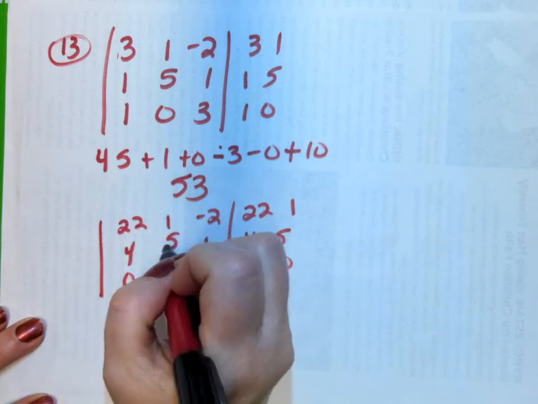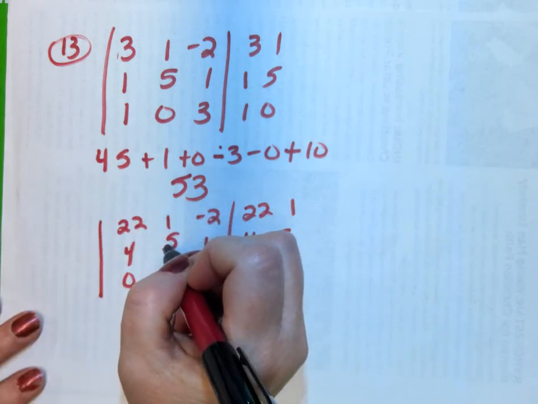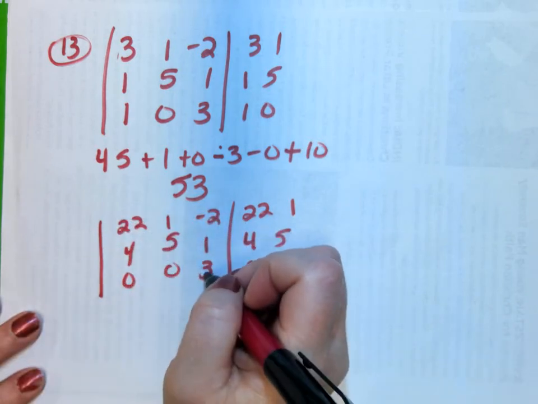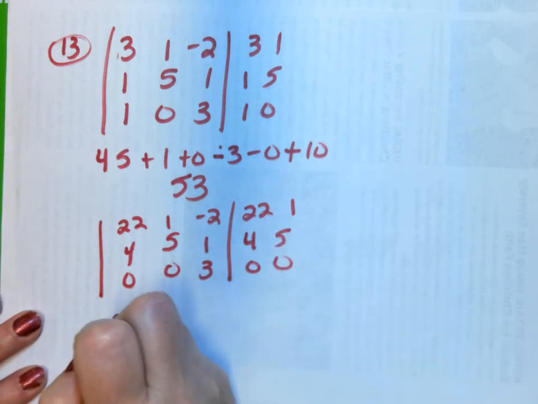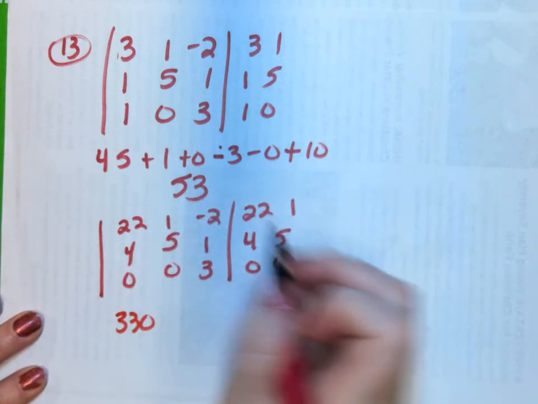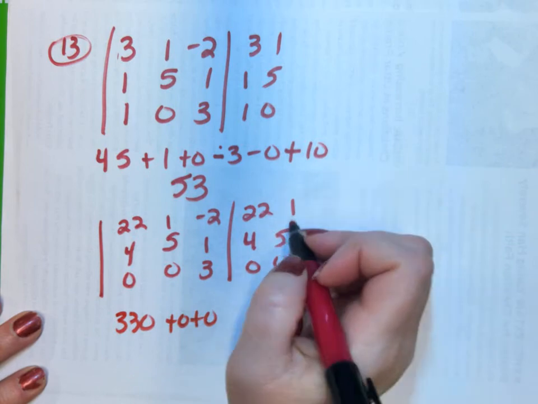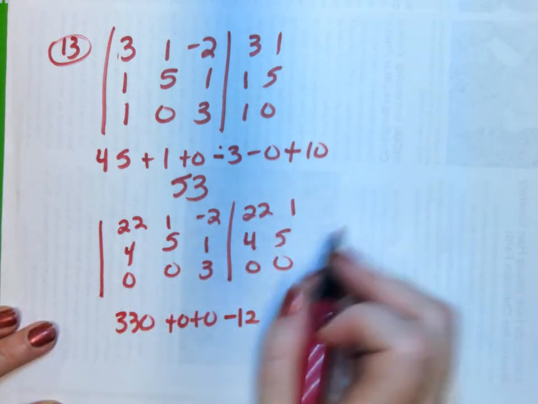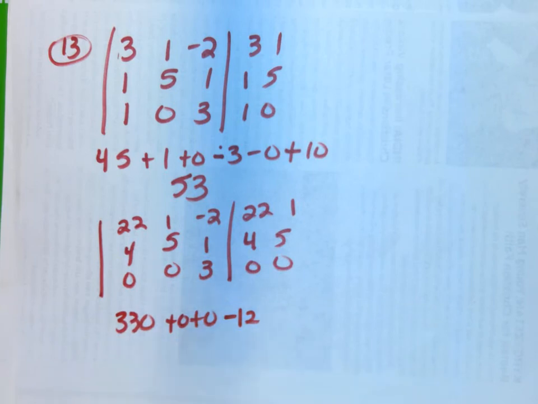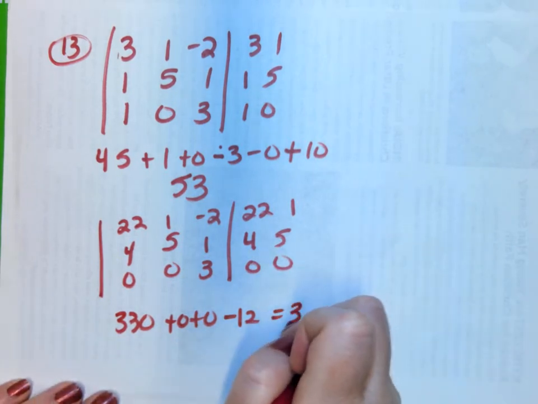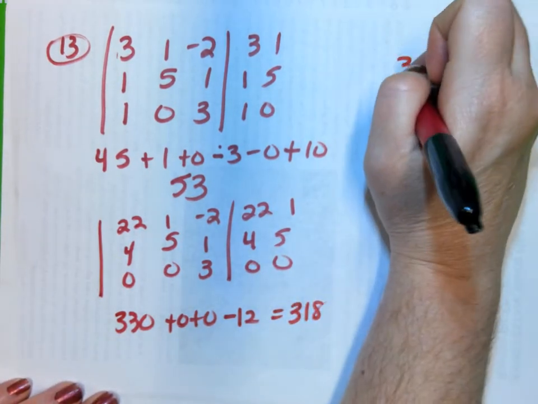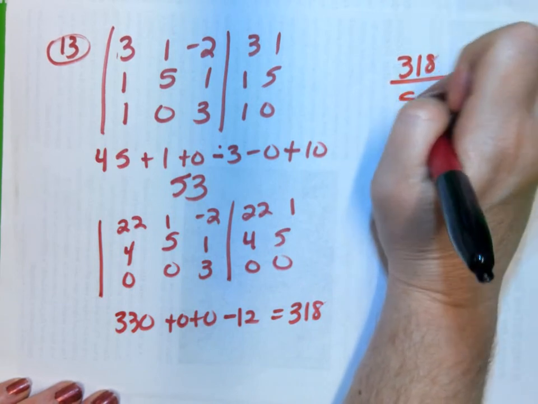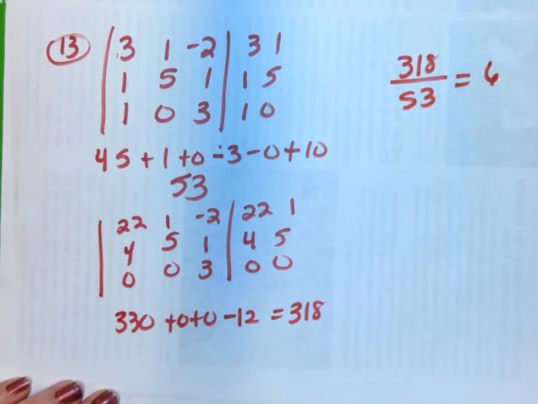All right, 22 times 5 is 110, times 3 is 330. That's a 0 and that's a 0. 1 times 4 times 3, that's a minus 12. That's a 0 and that's a 0. So 330 minus 12 is 318. So 318 divided by 53 is 6.